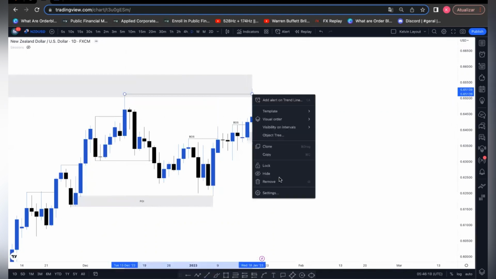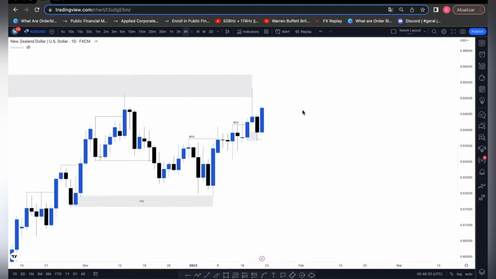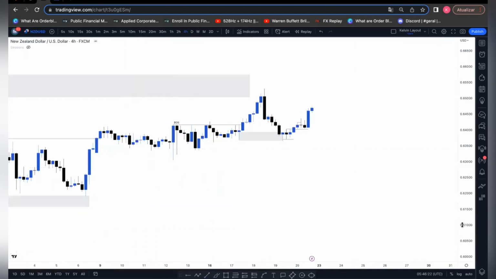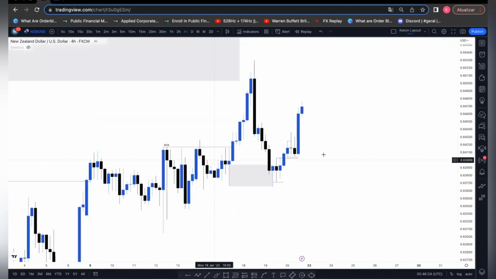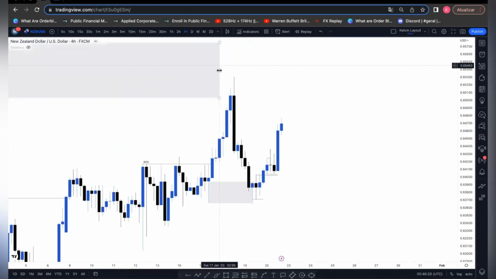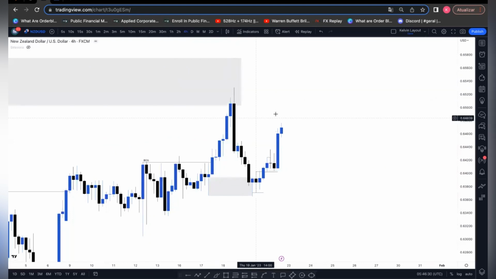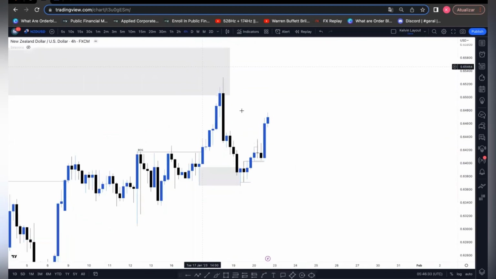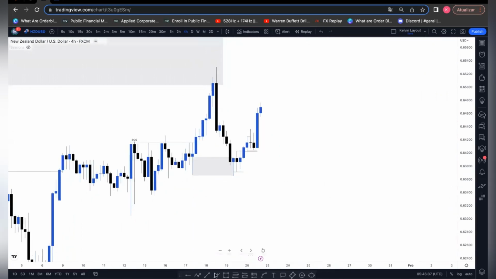So if I drop down to the 4-hour time frame, we can see that the structure is still bullish, right? So in order for me to look for sells, even though price is still at this weekly supply zone, I will need to see a 4-hour change of character. So far, the structure is still bullish, so I'm remaining bullish as of now.